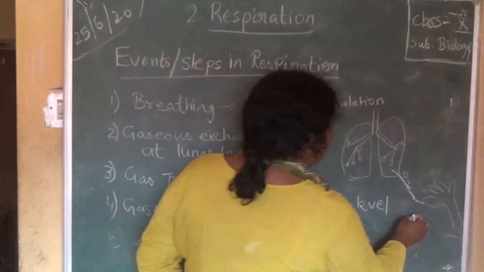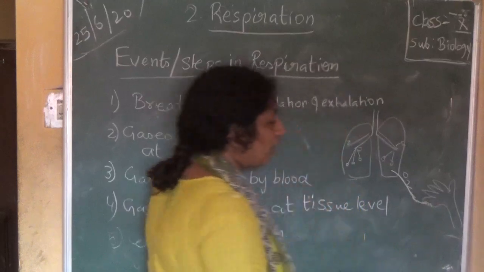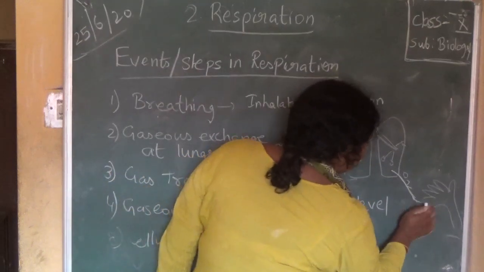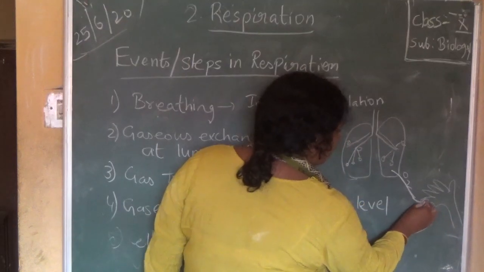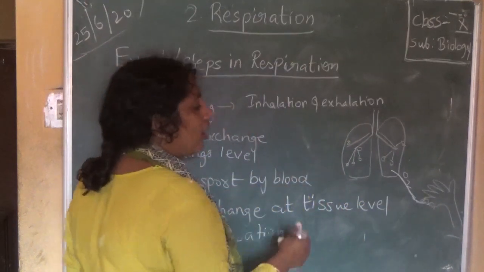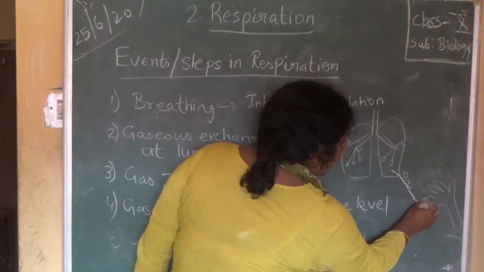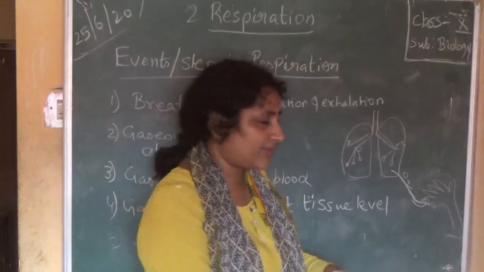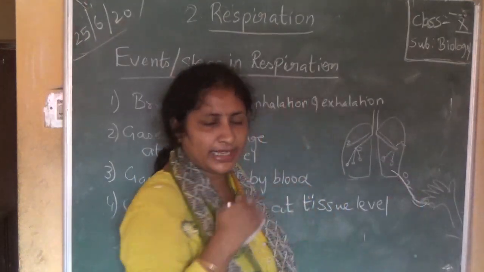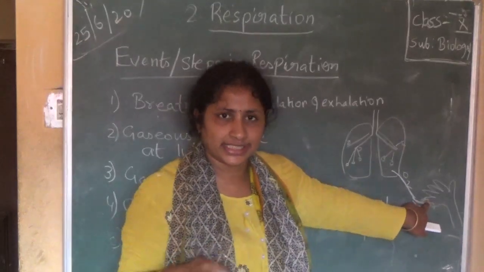So what happens? Here the cells will be present, no? So they will take the oxygen. So the cells will be taking the oxygen. The cells, I will draw large. The cells will take the oxygen, and whatever carbon dioxide present inside it will again give to the blood. So exchange will take place. The oxygen which has been brought by the blood will be taken by the tissue, that is cells.